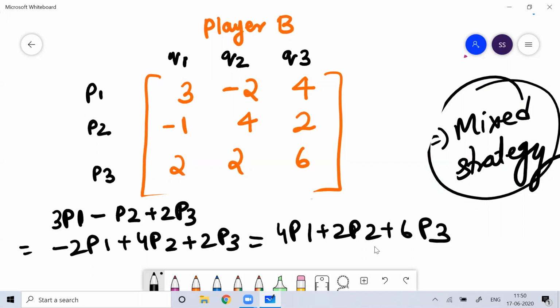If three variables are there and I get three equations, you cannot solve this problem this way. Neither can you apply the graphical method here.